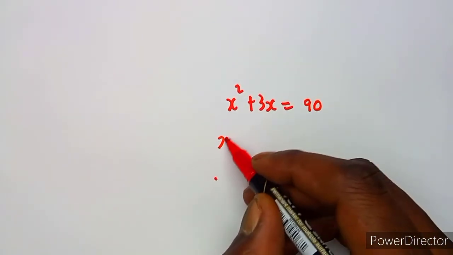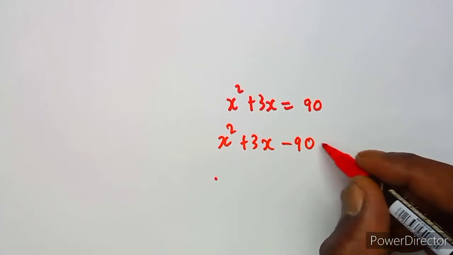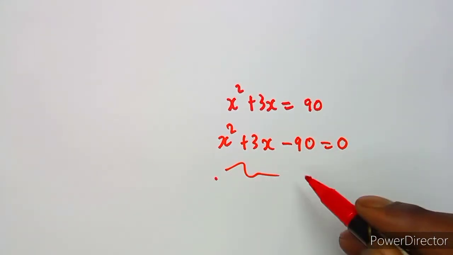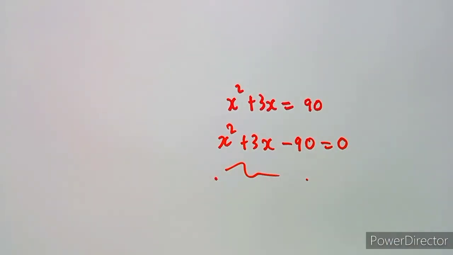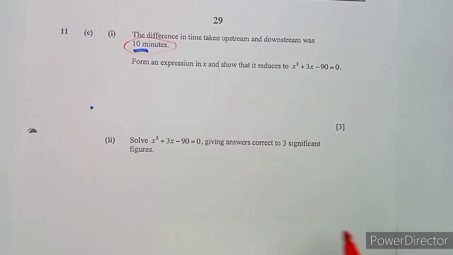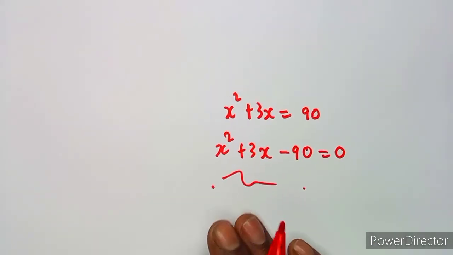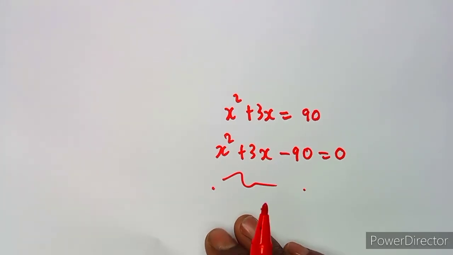You can transpose this: x squared plus 3x minus 90 is equal to 0. That's the equation we were given to formulate, what we had to show it reduces to. So it's just an easy case; you just have to work out the way you know equations and fractions together.